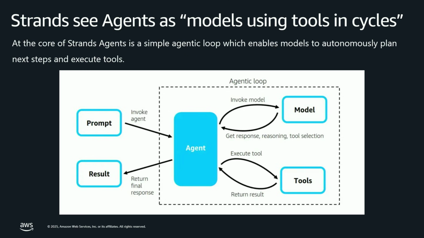If it decides to use tools, the agent is going to run the tools and return the result back to the model. And these cycles between the model and the agent, also known as an agentic loop, continue until the task is complete. With that, let's build the agent.